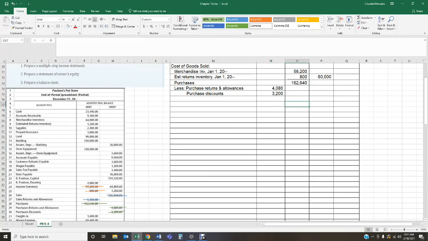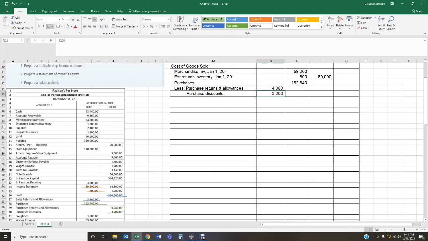Okay, and now I can tally these two together. Let me see what that's going to give me. We're going to add those two numbers together, and that gives me 7,280. Okay. So now I can calculate my net purchases.